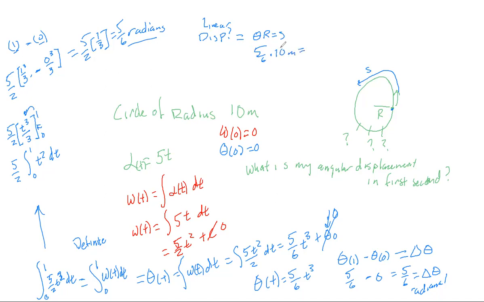And 5/6 radians times 10 meters is just going to be 50/6 meters, which is 25 thirds. So slightly more than 8, so 8 1/3 meters around. And so my angular displacement is just 5/6 radians. My linear displacement, or my displacement around the arc, around the edge of the circle, is 25 thirds meters.